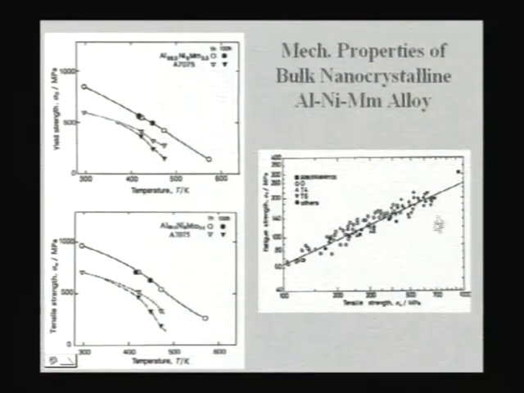All the conventional alloys fall here, and this aluminum mish metal alloy is much higher. So it has a good combination of tensile strength of almost around 1 gigapascal and a good amount of fatigue strength. So these have a good combination of both strength and high temperature properties. So you can have a good creep strength, creep resistance and fatigue resistance, and in addition a good tensile strength.